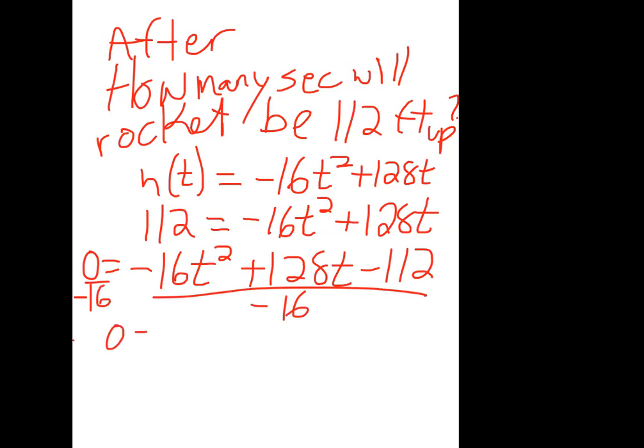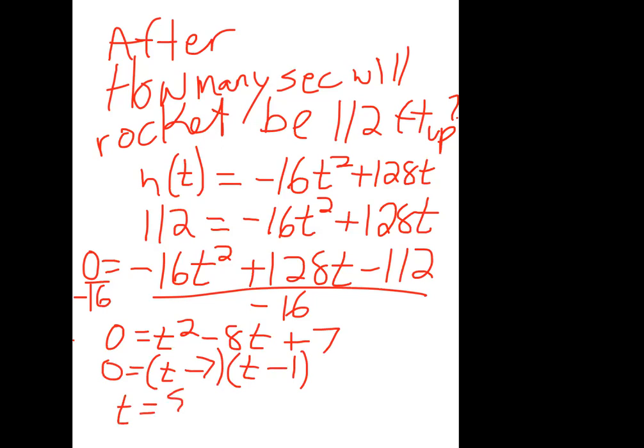And we get positive t squared minus 8t plus 7. Okay, now I just factor this. (t minus 7)(t minus 1).